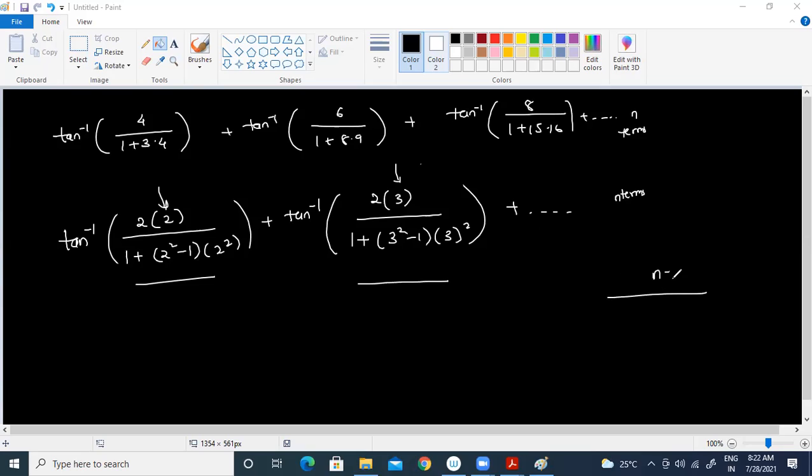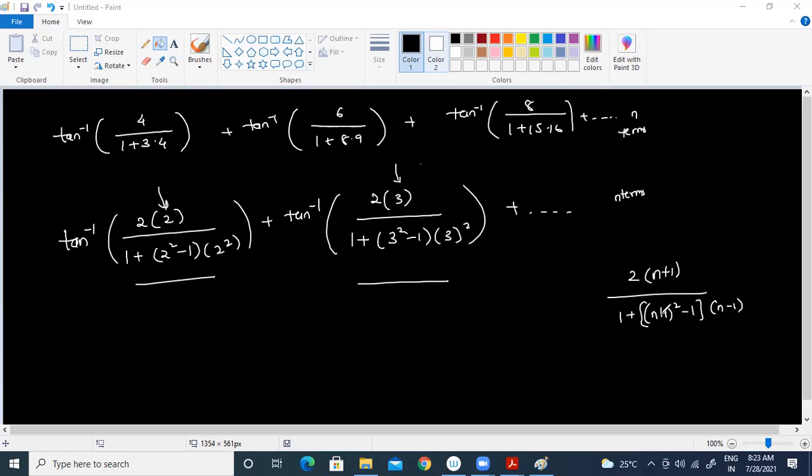Yes or no? Sorry, I should say n plus 1. In the first term there is 2. In the second term there is 3. So in the nth term there is going to be n plus 1.